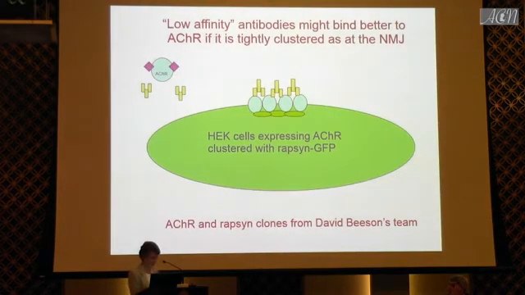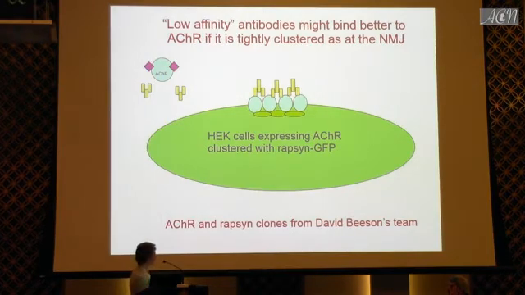So we thought that perhaps there might be some patients with myasthenia who had antibodies that bound to the acetylcholine receptors, but bound rather weakly and with one arm at a time. So if you only bind with one arm, that's clearly less useful than binding with two arms, where you can grip something very intensely.